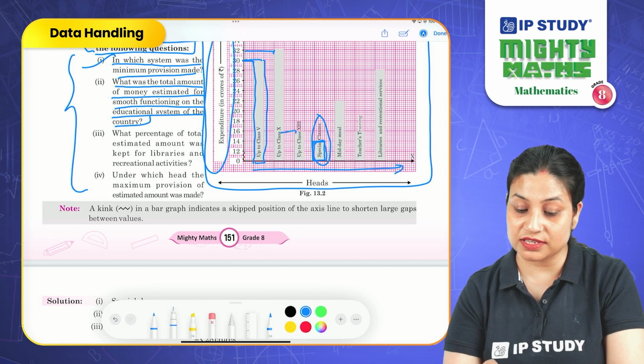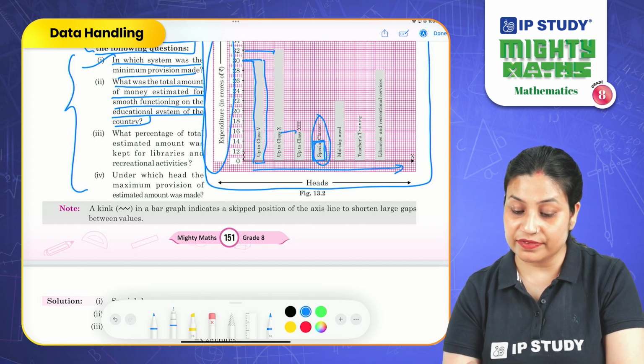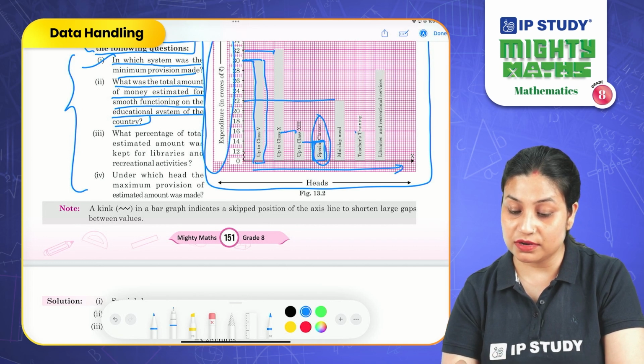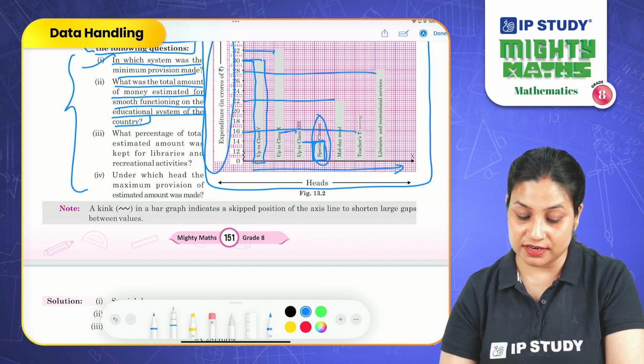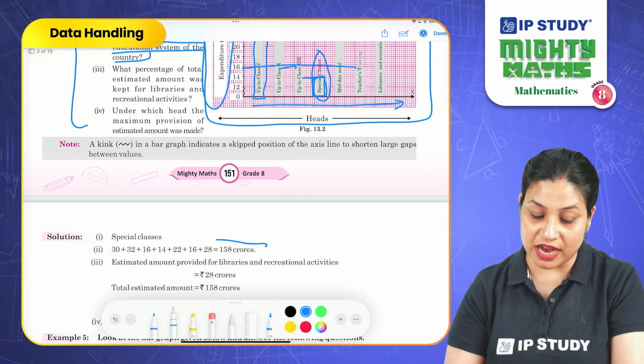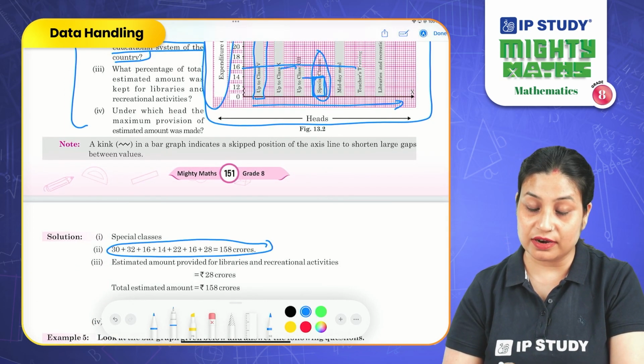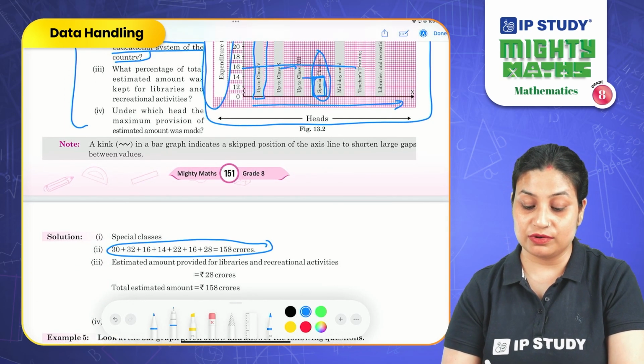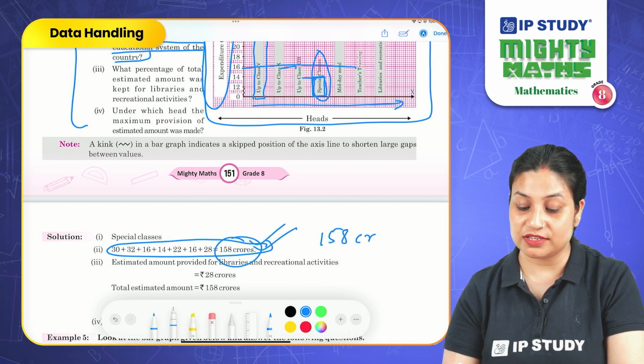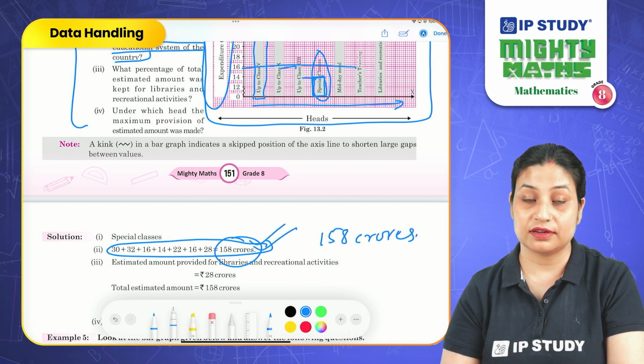For this one, it is given 16. For this one, 12. For this one, 22. For this one, you have to plot 16. And like this, right? So we have to add all the data in order to find out the answer for this question. When you do so, you will get 158 crore as your required result, right?